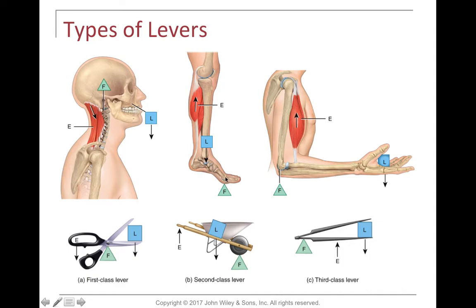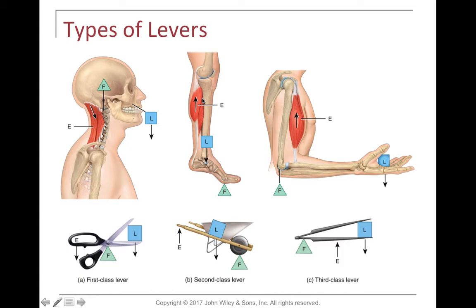So an example here would be when we rise onto our tippy toe, we elevate from the fulcrum at the metatarsals, and then the load is within our foot and the effort comes from our calf muscles doing the work for us.